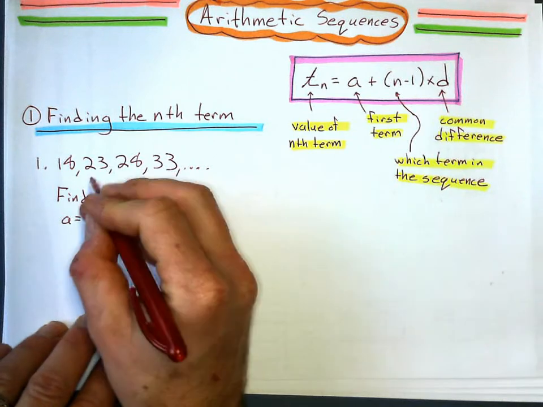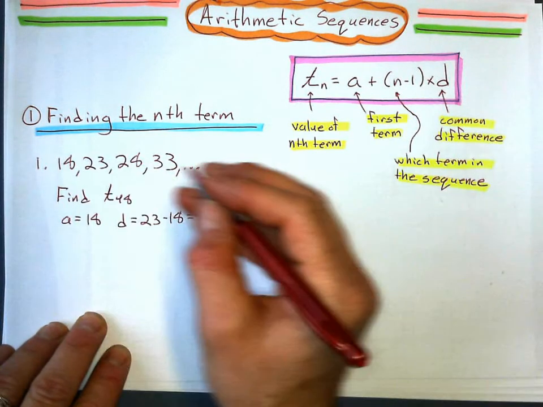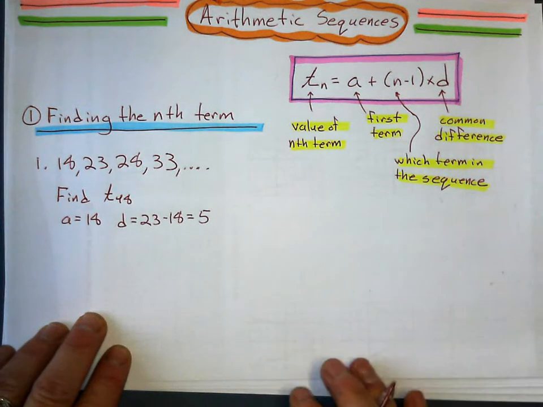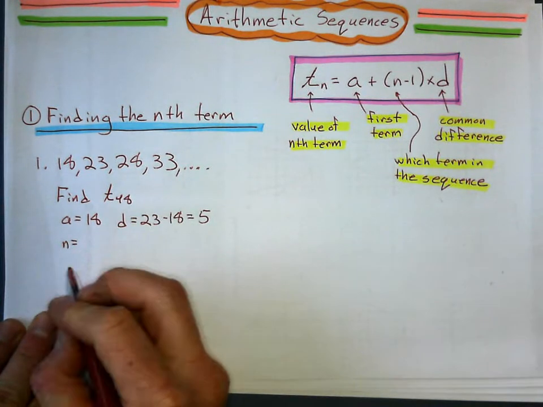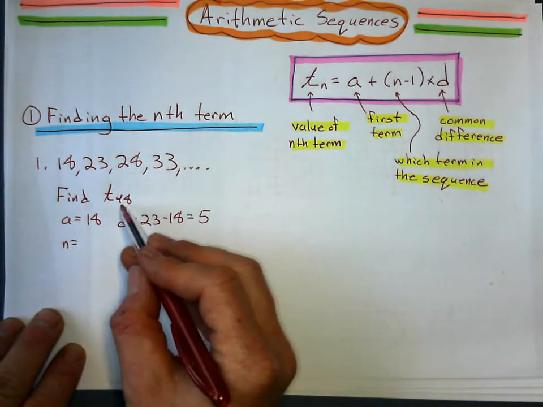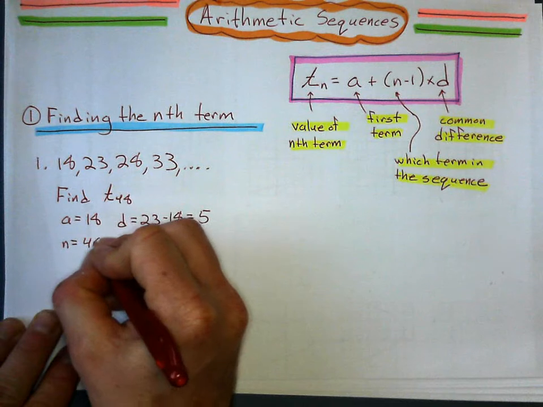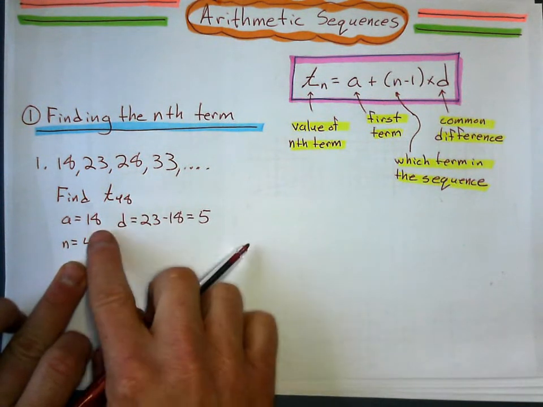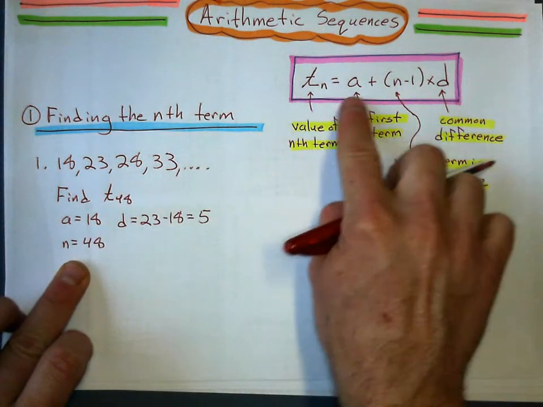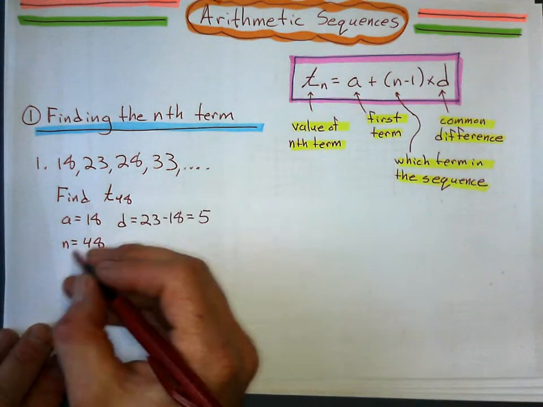23 minus 18 gives me my common difference, which is 5. Okay, and n, which term do I want to figure out? I want to figure out the 48th term. So 18, 48, and 5 are what I substitute into this formula.